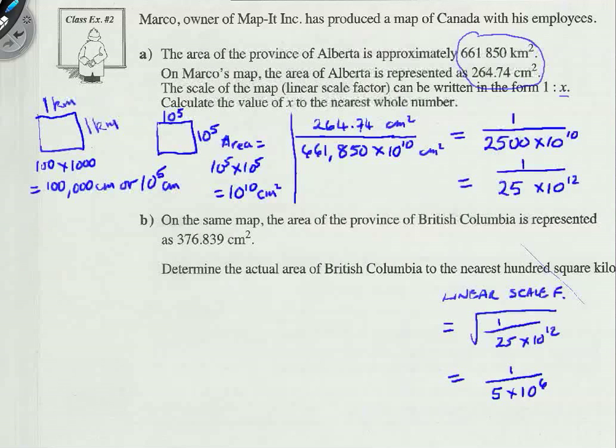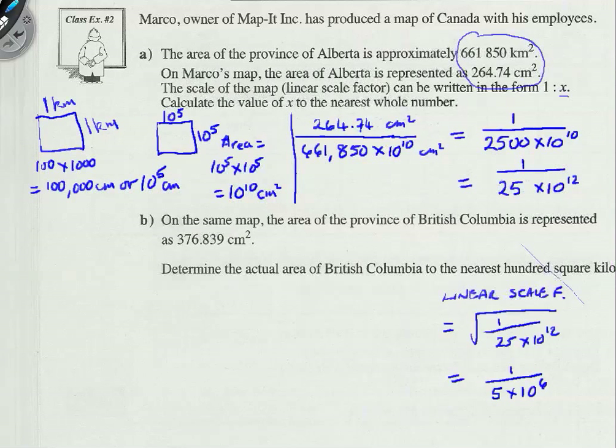Looking at these two figures, if you consider what a square kilometer actually is, a square kilometer is 1 kilometer by 1 kilometer. Well, what is that in centimeters? Because we want to make these the same units. There's 100 centimeters in a meter, and 1,000 meters in a kilometer.